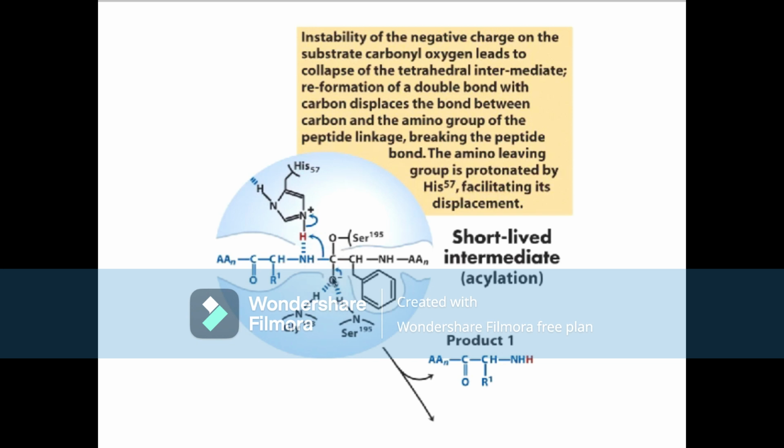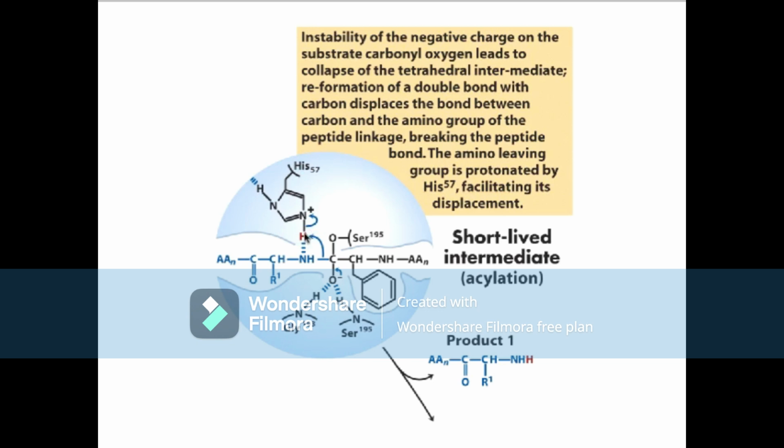It's short-lived, but it's not infinitesimally lived. Probably on the way to getting to this is a transition state. But it's an intermediate state, and this oxyanion hole stabilizes that. Okay, but it's not very stable, so these electrons are going to push back, and you're either going to break this bond that you just made, or you're going to break this bond, which is what you want to do.